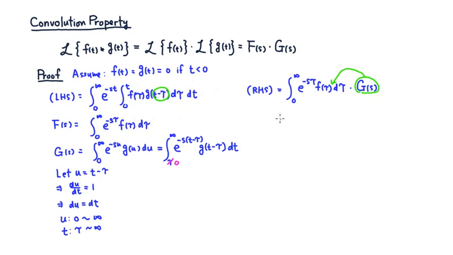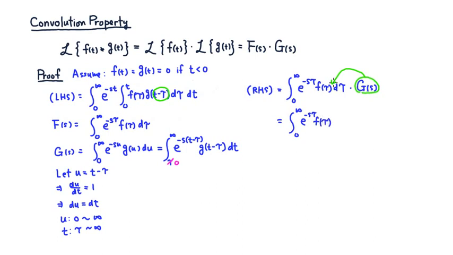So we're going to have an integral from 0 to infinity, then you have e to the negative s tau and f of tau.